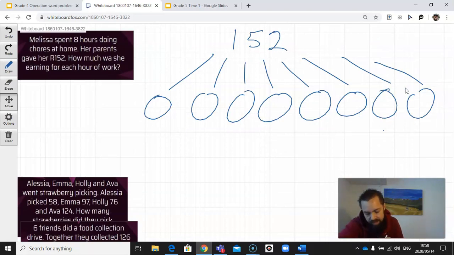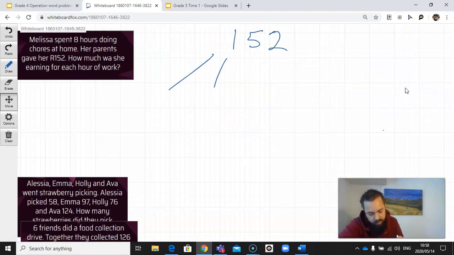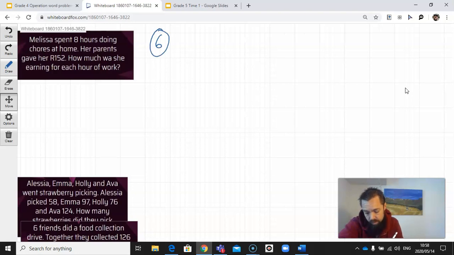So we're actually dividing that. So I'm going to use my bus stop method that we learned in our last lesson. So I think this is number 6. Yeah, this is number 6. So we have 152, and we're sharing that between the 8 hours. That's our number sentence, first mark.